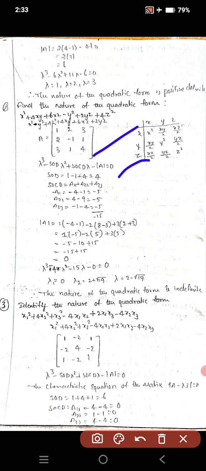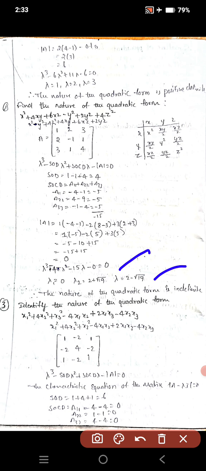Sum of the diagonals is 4. Sum of the cofactors of diagonals: a11, a22, a33, each we find as a determinant. The determinant value is 0. Substituting in the equation: lambda cube minus 4 lambda square minus 15 lambda minus 0. By Casio, lambda is equal to 0, 2 plus root 19, and 2 minus root 19.